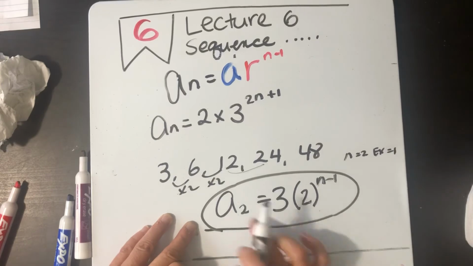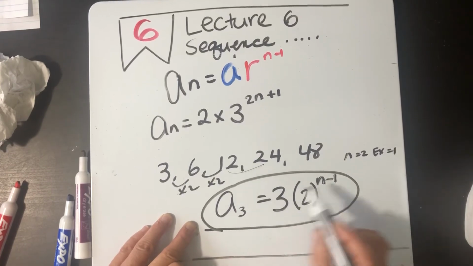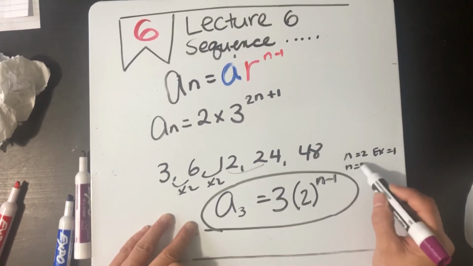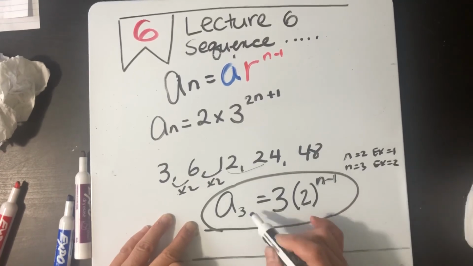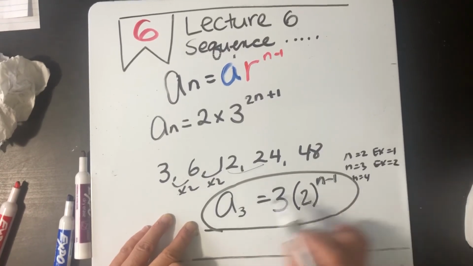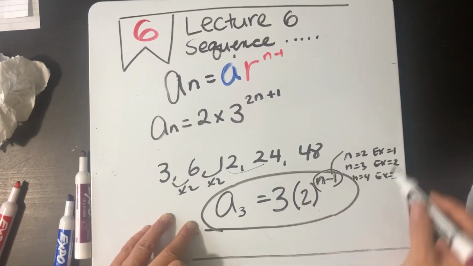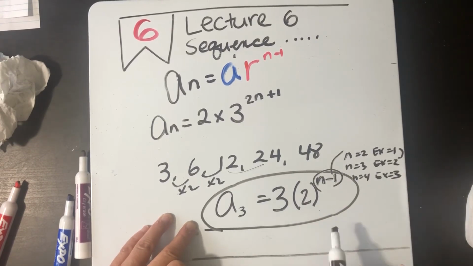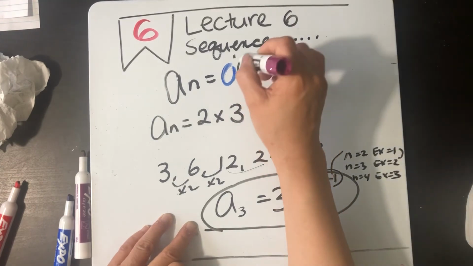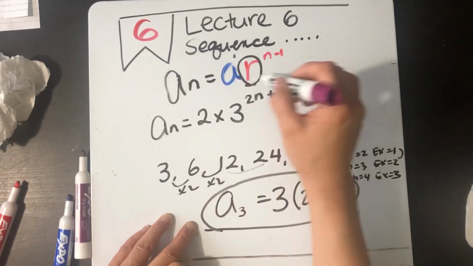If N is 3, the exponent is 2. If N is 4, the exponent is 3. So it is increasing one by one. So we can say the ratio here is R.